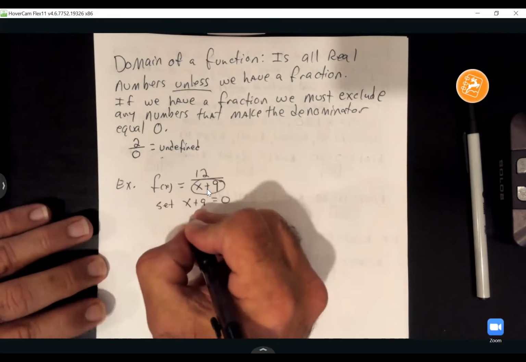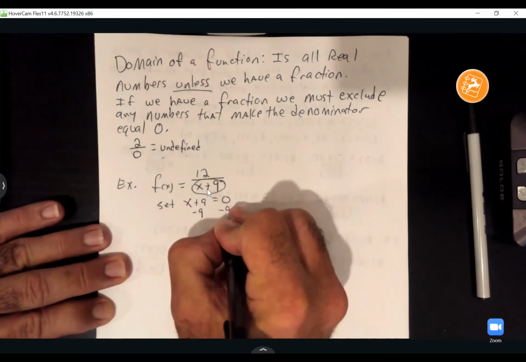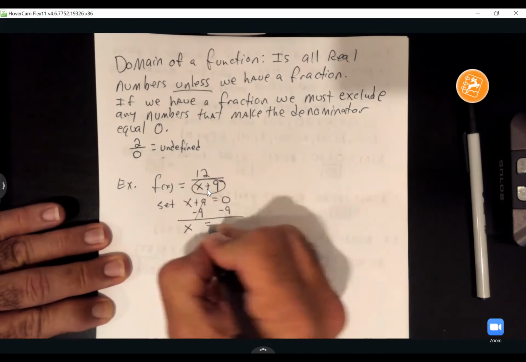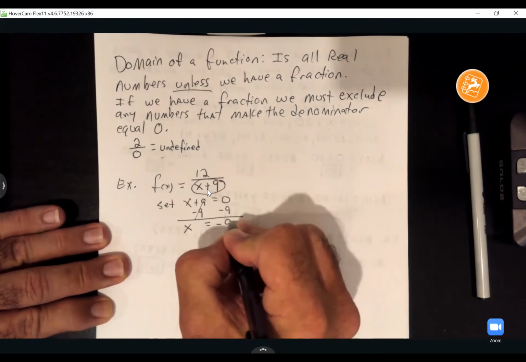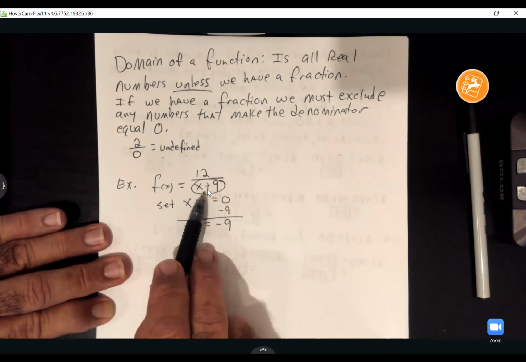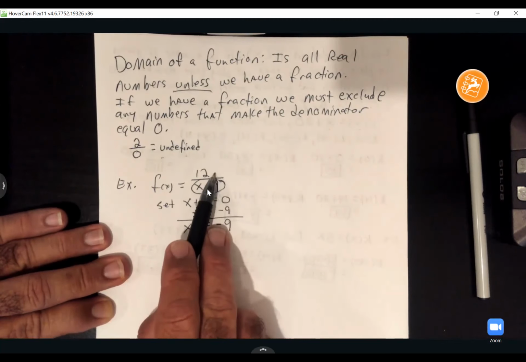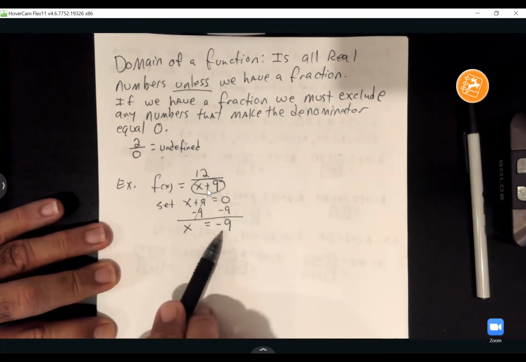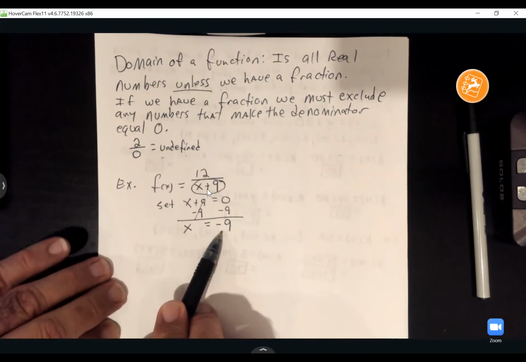Okay, so good. You subtract 9 from both sides. Bring down the x. Those cancel, and 0 minus 9 is negative 9. So if I put a negative 9 in here, negative 9 plus 9 is 0. 12 divided by 0 is undefined. So we've got to kick this negative 9 out of our domain.